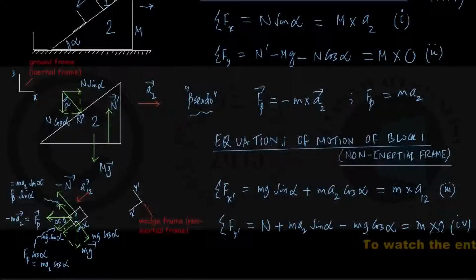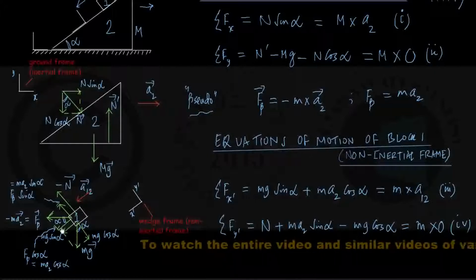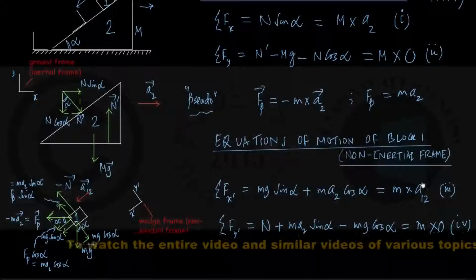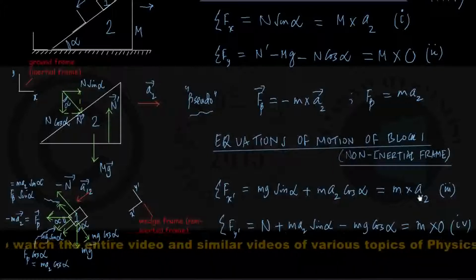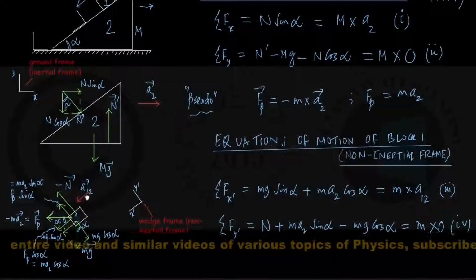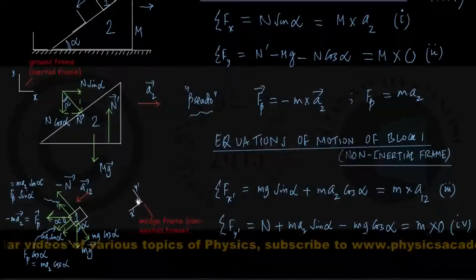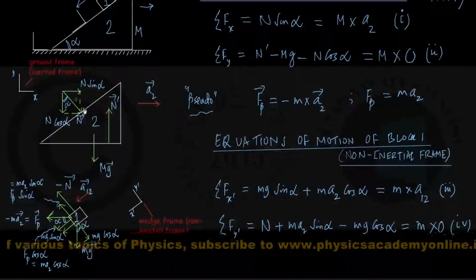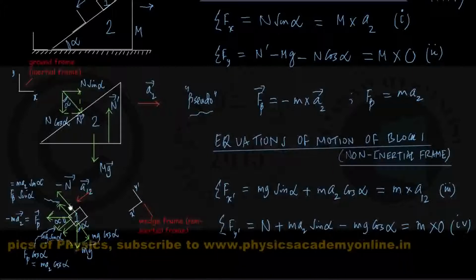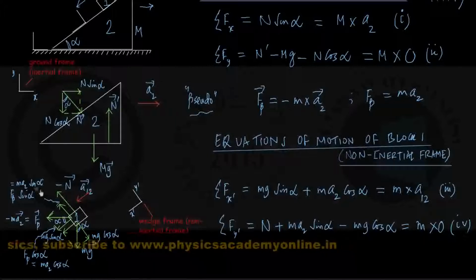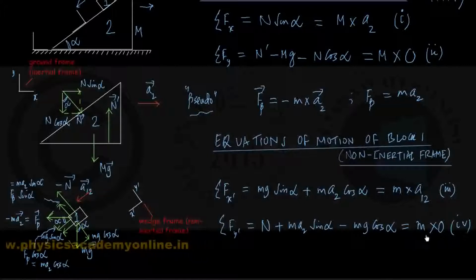So let's look at these equations once again very briefly and quickly. For the x dash motion, we have got the mg sine alpha plus ma2 cos alpha giving its acceleration a12 with respect to the wedge. The symbol, I have insisted that you be careful about it. And in the y dash direction, that's the direction perpendicular to the wedge, there is no motion of the block, hence all the forces N plus ma2 sine alpha minus mg cos alpha must giving you 0, because y dash motion is completely absent.